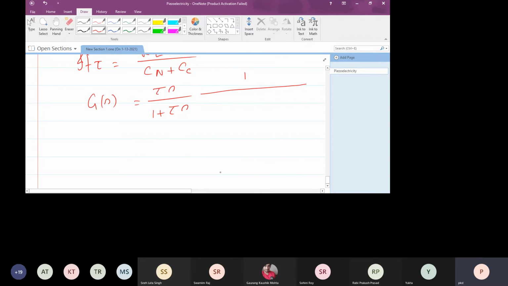So this is the modifying factor that is applied to the device.